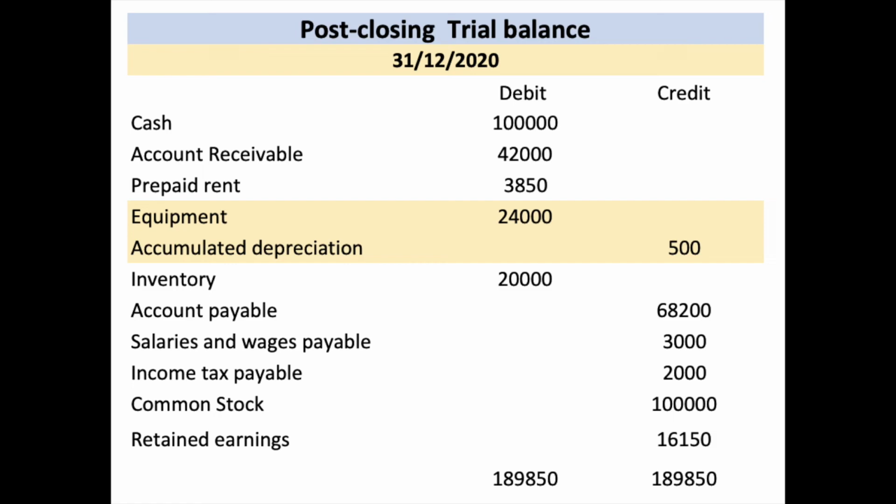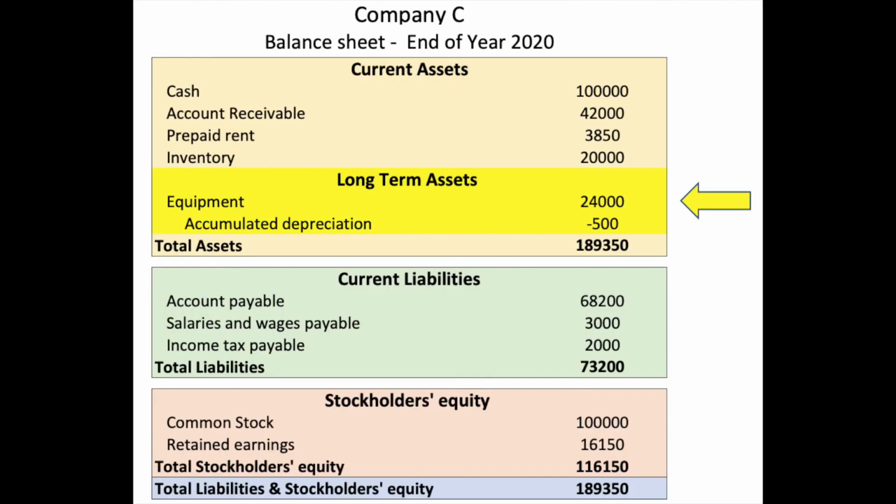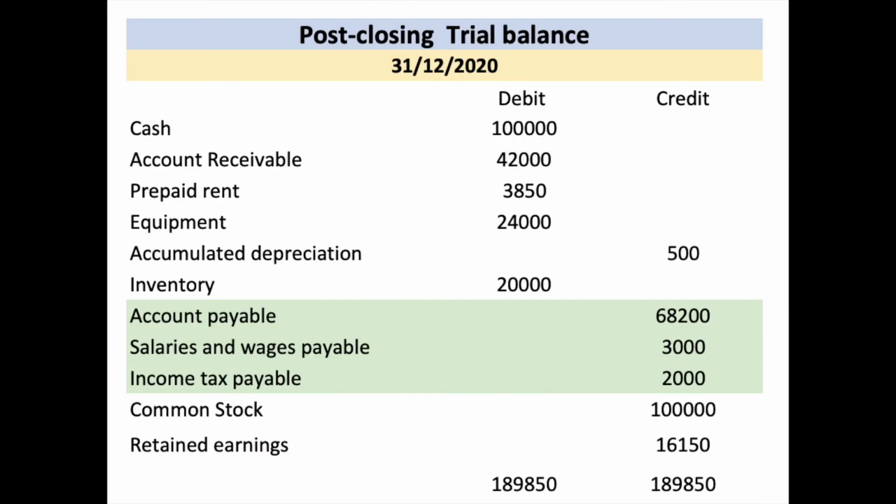Equipment and accumulated depreciation are related to long-term asset accounts. These accounts would be moved below current assets to the balance sheet. Account payable, salaries and wages payable, and income tax payable are current liabilities.